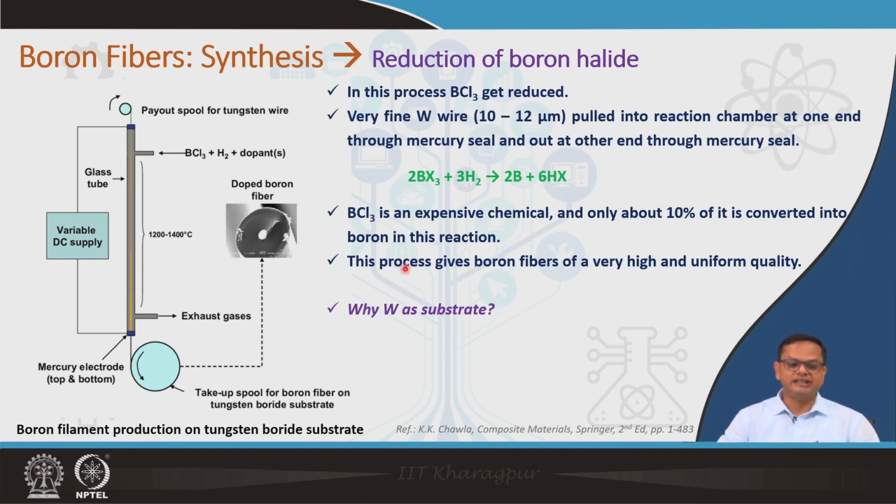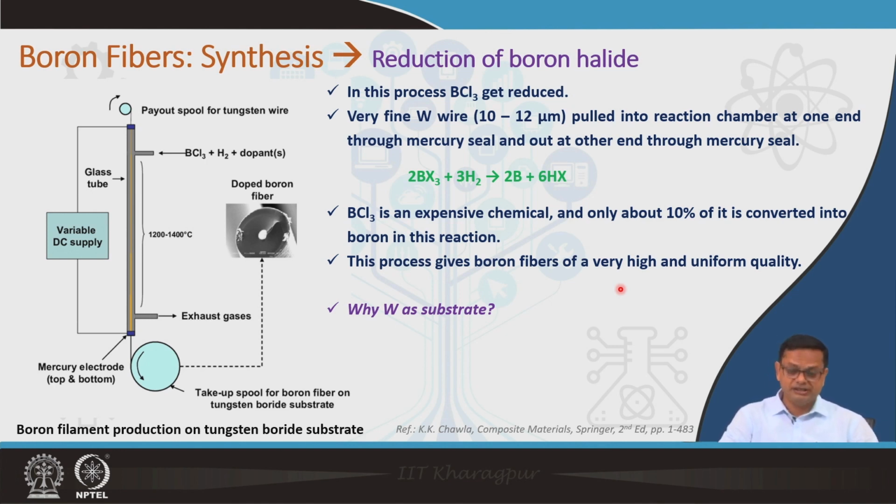Obviously, as you can see here, only 10% of the BCl3 gets converted into boron in this reaction. The interesting fact here is that the process gives boron fiber of very high and uniform quality. The question that might come to your mind is, why tungsten substrate, why not another material?